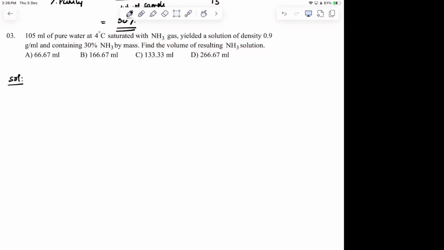Okay. Now here 4 degrees is a hint to give that density of pure water at 4 degrees is 1 gram per ml. That is one thing you should recognize. So what is the weight of water in that case? Weight of H2O will be simply equal to 105 grams. Correct?